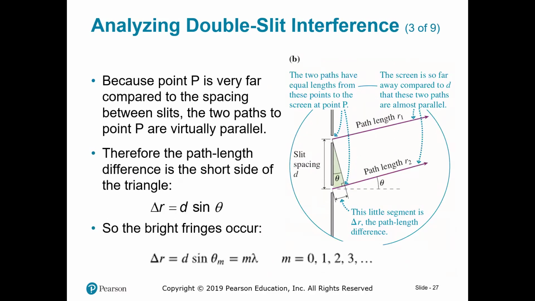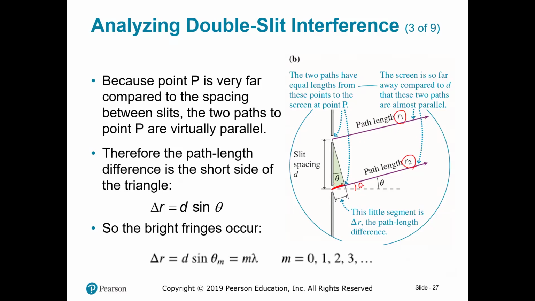Okay, this picture shows you, and I can go back to the previous slide again. This is path length 1, and this is path length 2, and you will see this is the path length difference. We assume this is an angle theta.